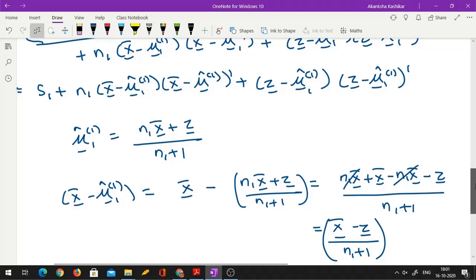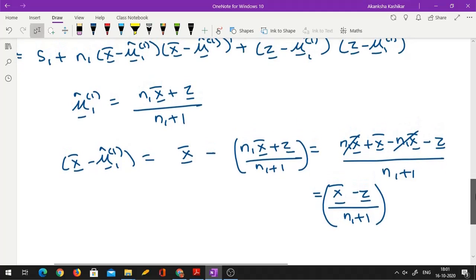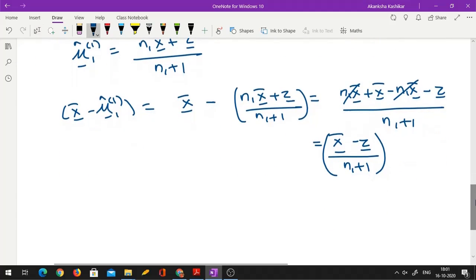Okay so far? Let us see what happens to z minus mu1 hat.